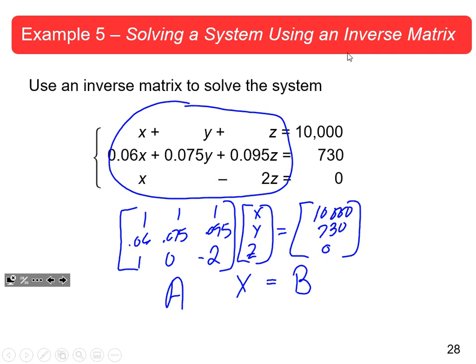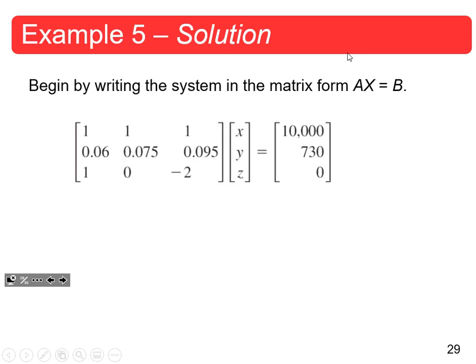The matrix B is going to be 10,730 and 0. This might be a little bit easier to read.